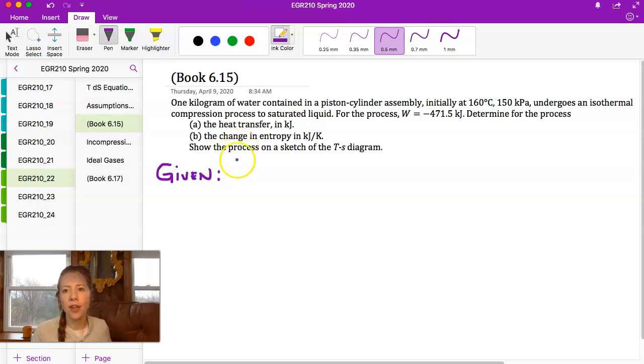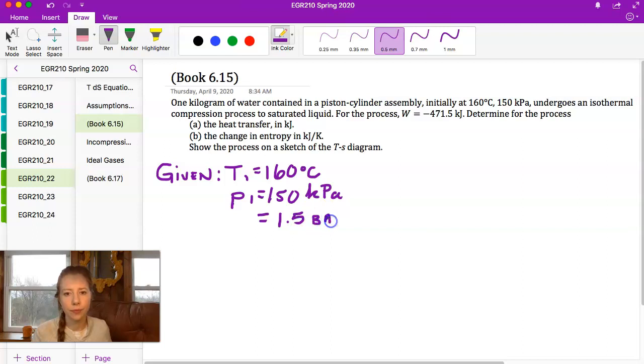So we were given that T1 is 160 degrees Celsius, and P1 is 150 kilopascals, which is the same as 1.5 bar. Okay, and we are told that the process undergoes isothermal compression.